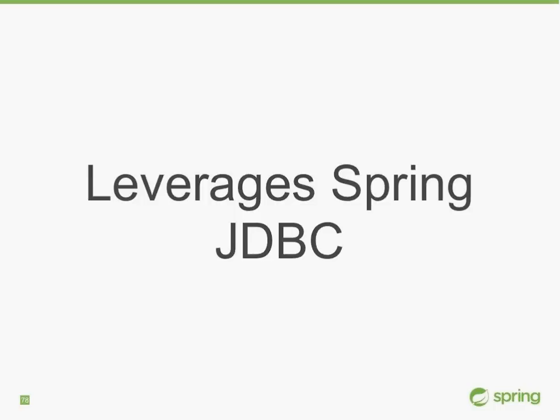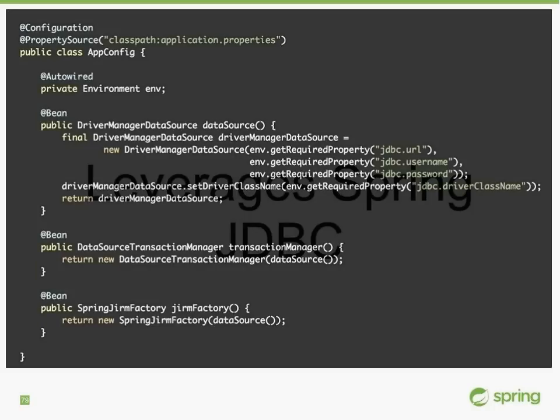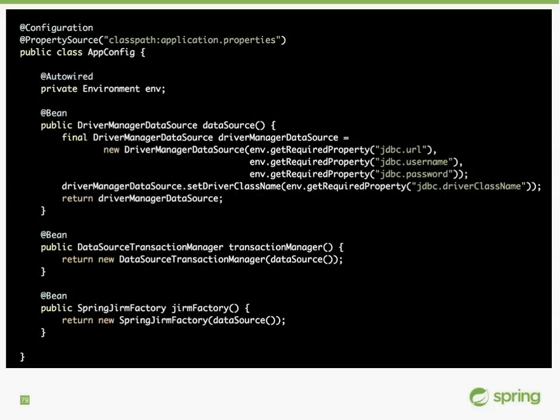So how would we leverage Germ? Well, let's take a look at another Spring configuration class. In this Spring configuration class, we have a property source that's going to pull in our JDBC properties from a prop file. And we create a driver manager data source just like we would today. We create a data source transaction manager that consumes that data source just like we would today.